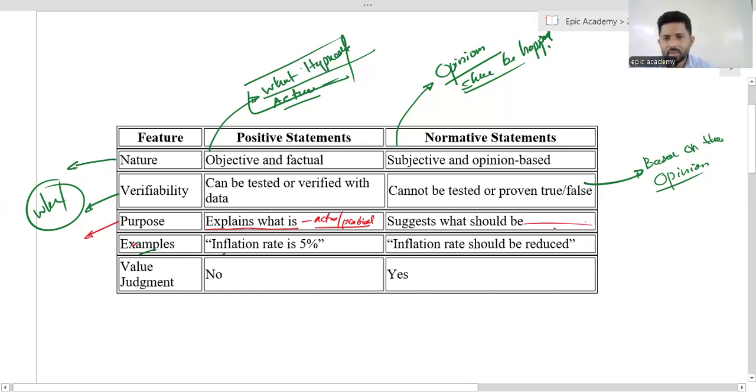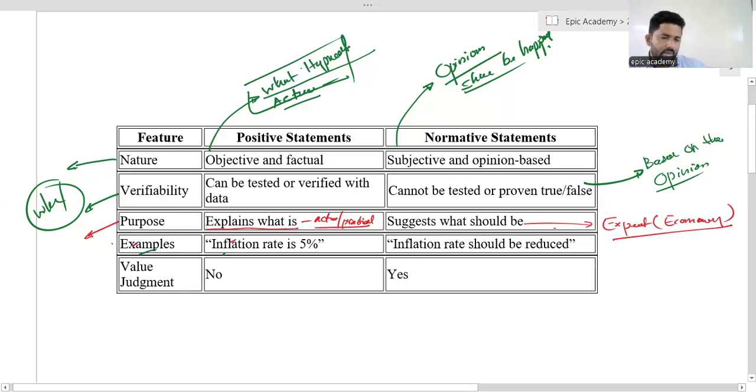That means the opinion of the statement makers, what they expect in the economy, their expectations or suggestions, while the actual or practical situation is away from what is expected or suggested.